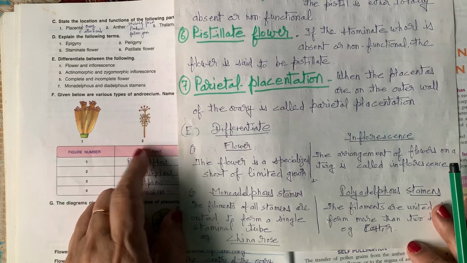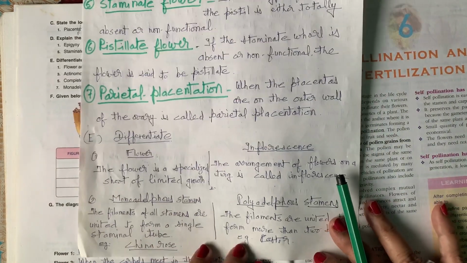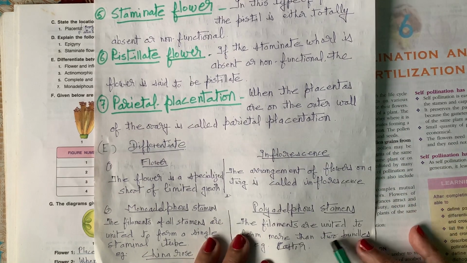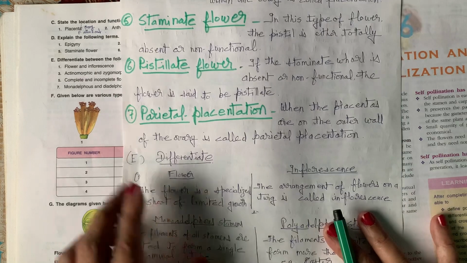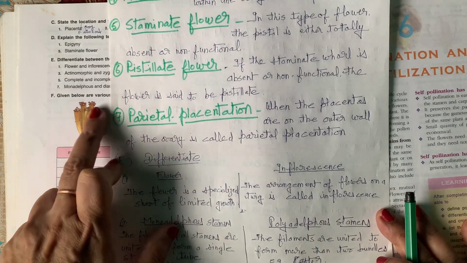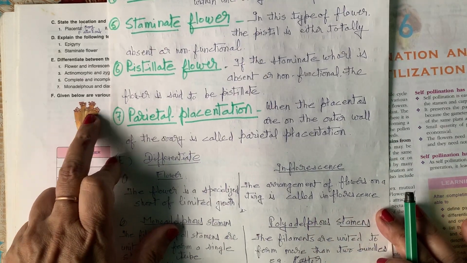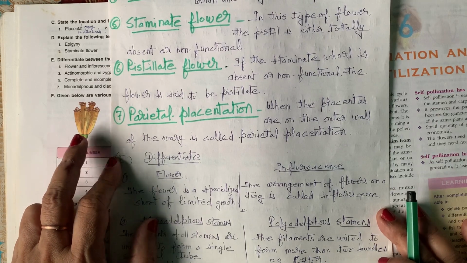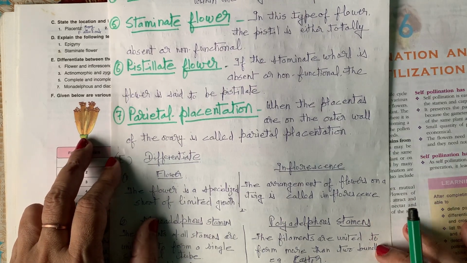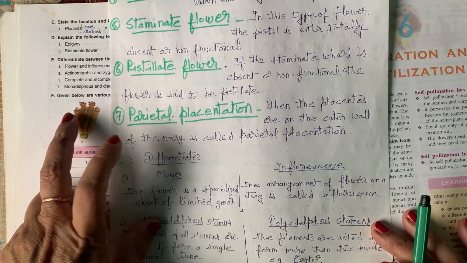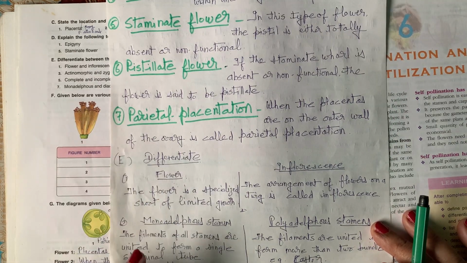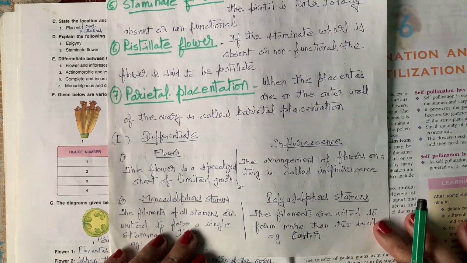And if the filaments are united to form more than two bundles, for example in castor, you can see the filaments united to form 1, 2, 3, 4, 5, more than two bundles. Many filaments are united forming bundles, so they are known as polyadelphous. Mono means single, poly means many.